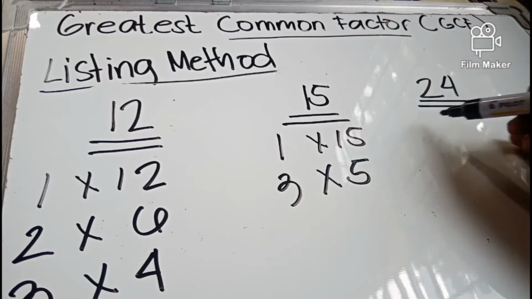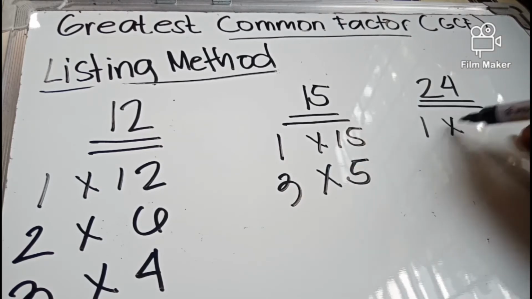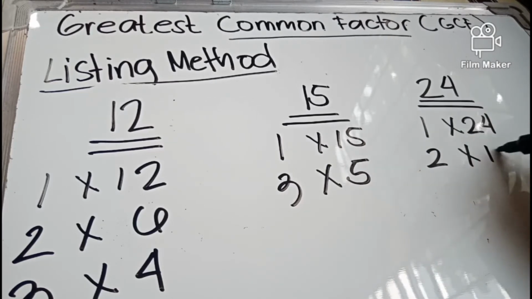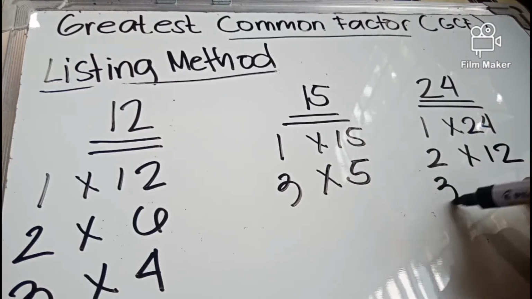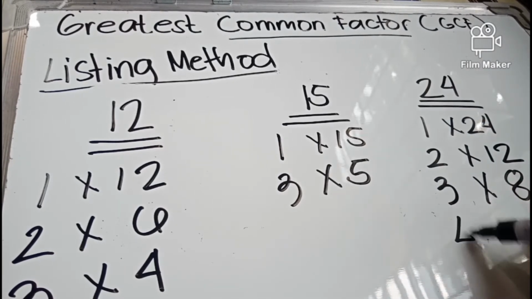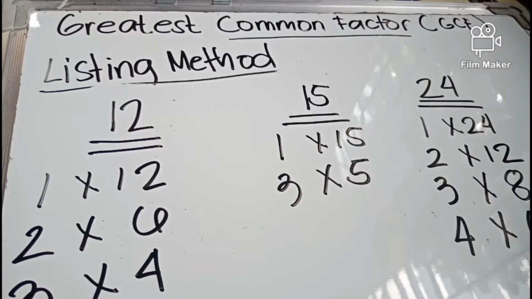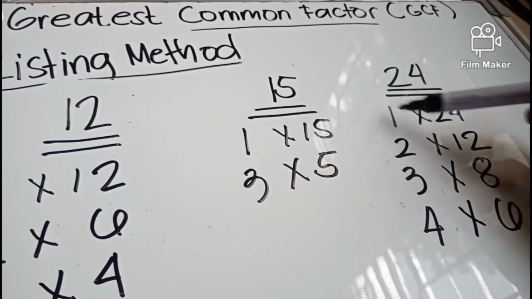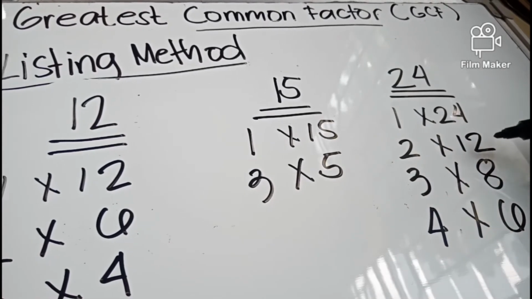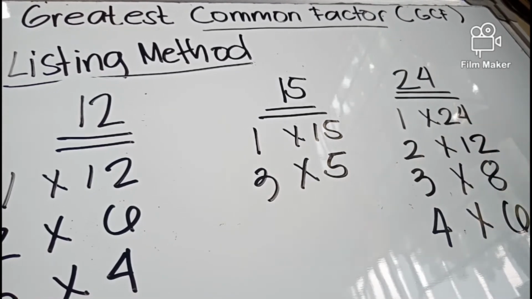How about 24? We have here 1 times 24, 2 times 12, 3 times 8, 4 times 6. So, ito yon 1, 2, 3, 4, 6, 8, 12, and 24 are factors of 24.